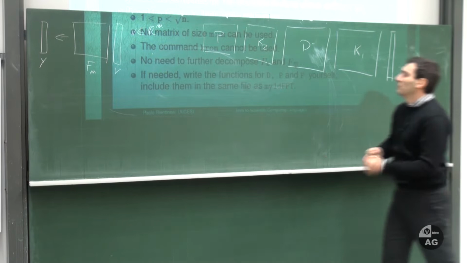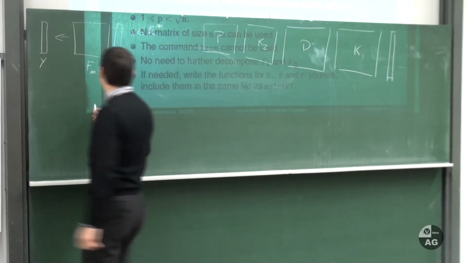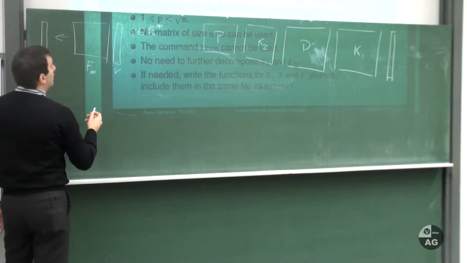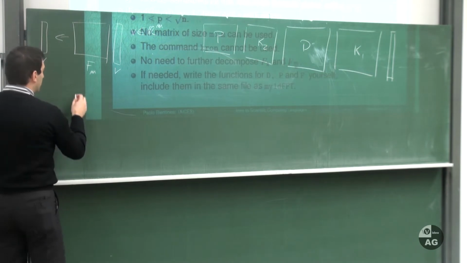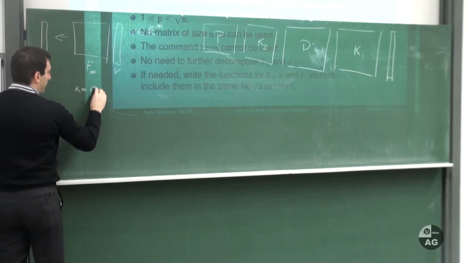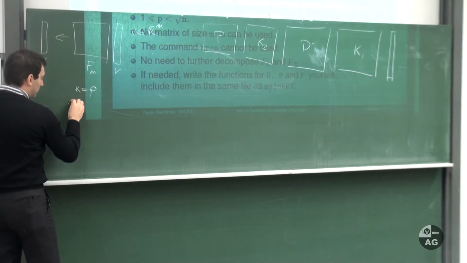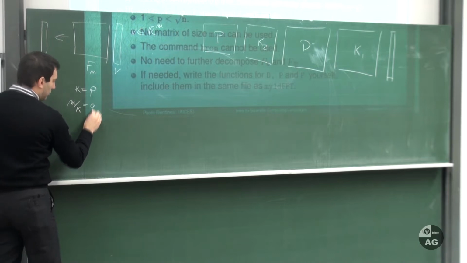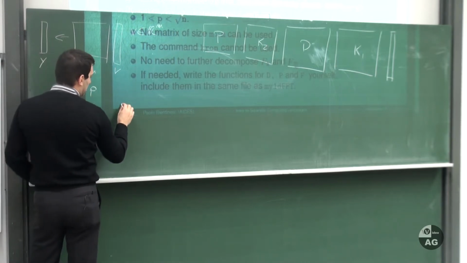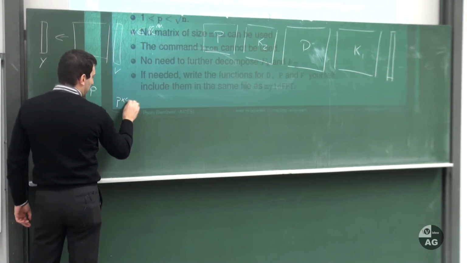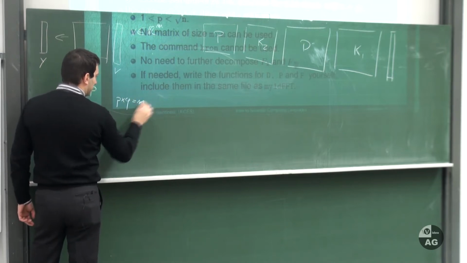We need some names. So for our program, K becomes P. And then M over K, now this is annoying, so we call it Q. So that our matrix is actually P times Q. Okay.